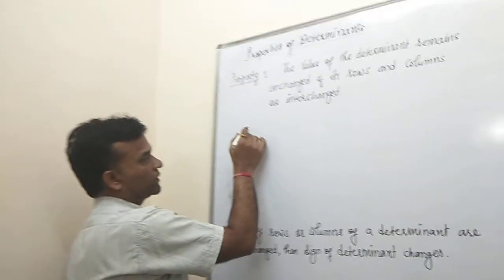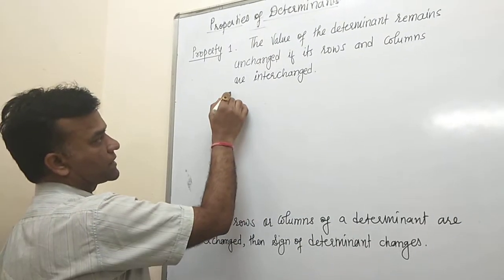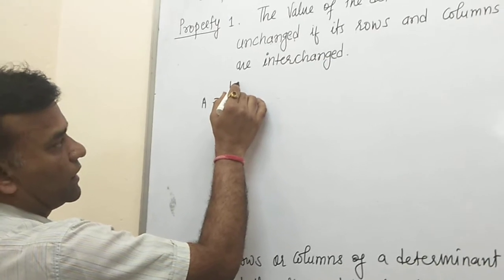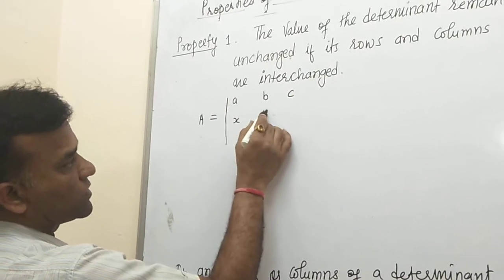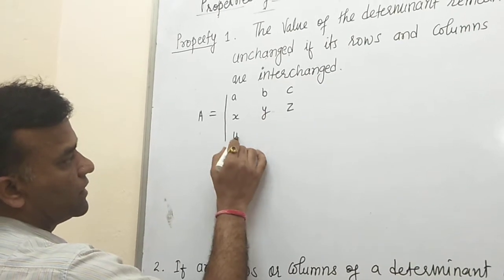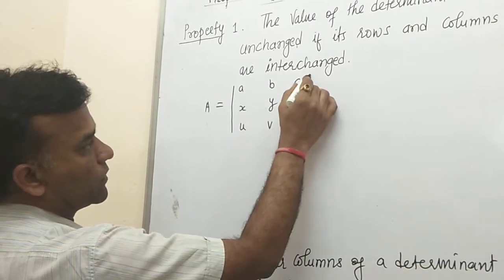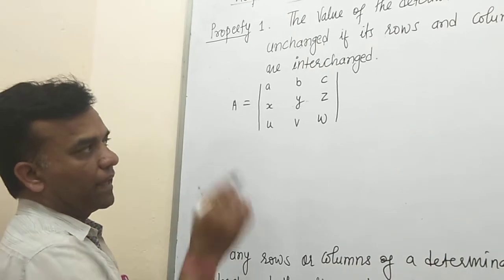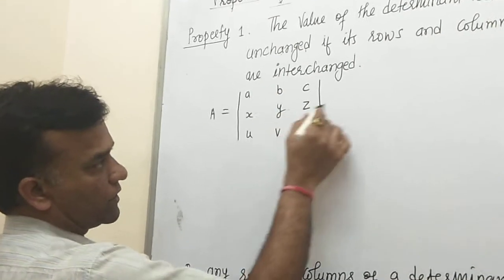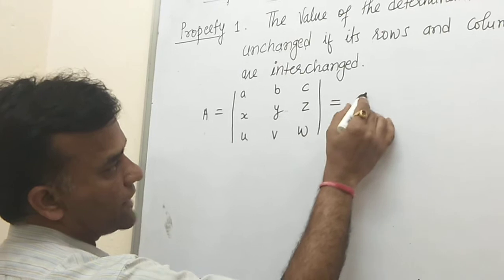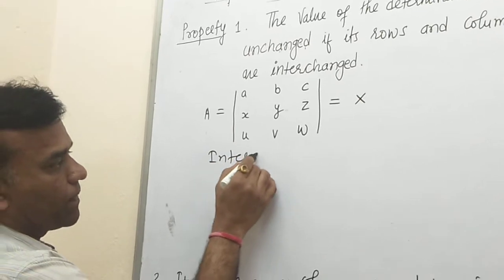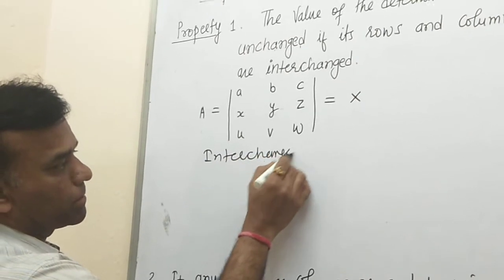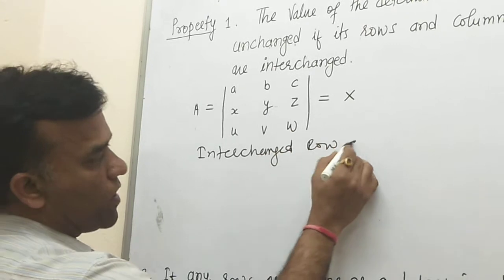Suppose your given matrix is A, B, C, X, Y, Z, U, V, W, and after solving this determinant you get the answer, suppose, capital X. Then interchange row and column.